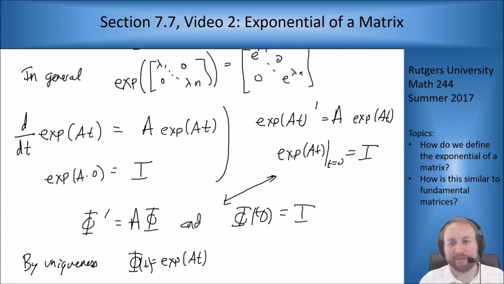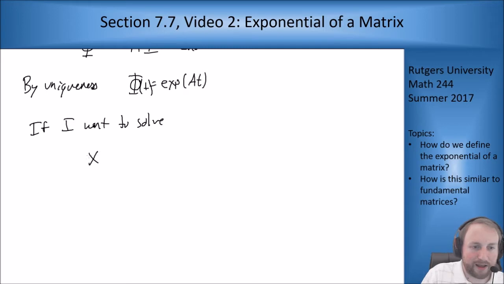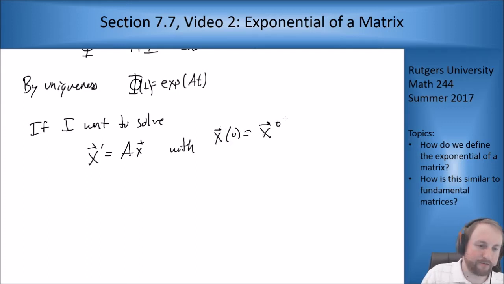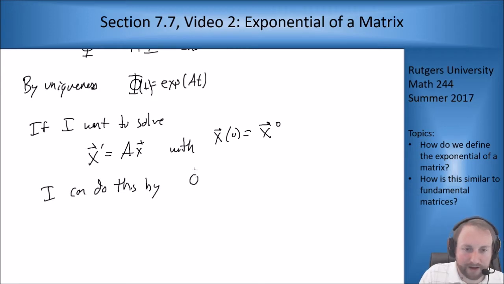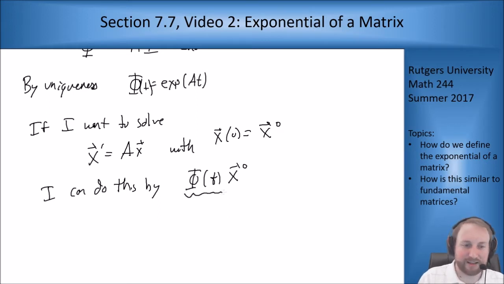Okay, that's all well and good, but where am I going with this? Where I'm going is that we use this phi to get a really nice representation of problems. If I want to solve x prime equals A times x with x of 0 equal to the vector x0, I can do this by phi of t times x0. Instead of putting in a random constant, I can put in just x0 and that solves it correctly. But I now know this is the exponential of At.